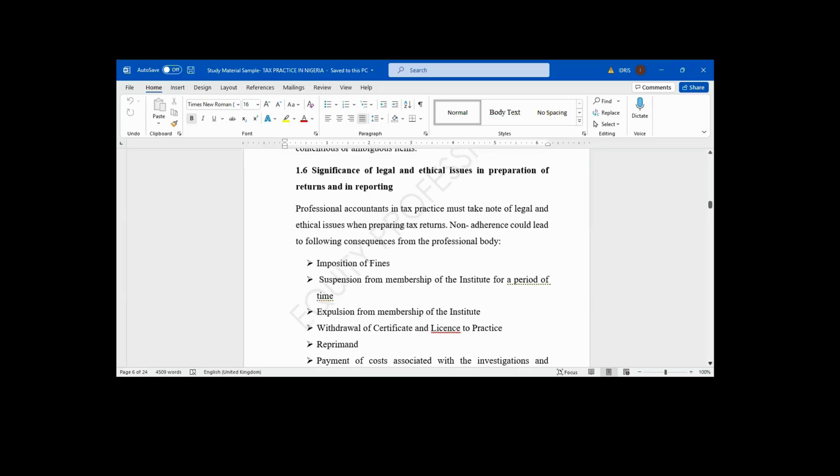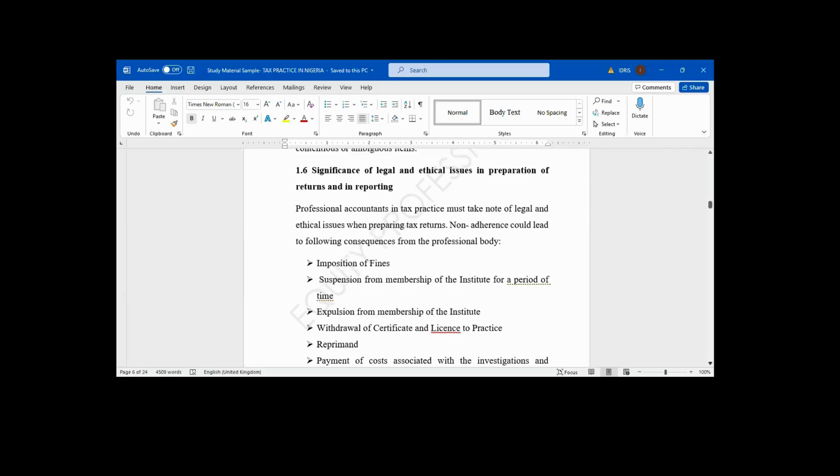Another one is suspension from the professional body. You can be suspended. If a client reports you to your professional body that you collected money from them, saying you were going to give the money to the tax authority as PR, but the tax authority says they did not receive the money, and you can't provide the evidence, you may be suspended from the membership of the institute.